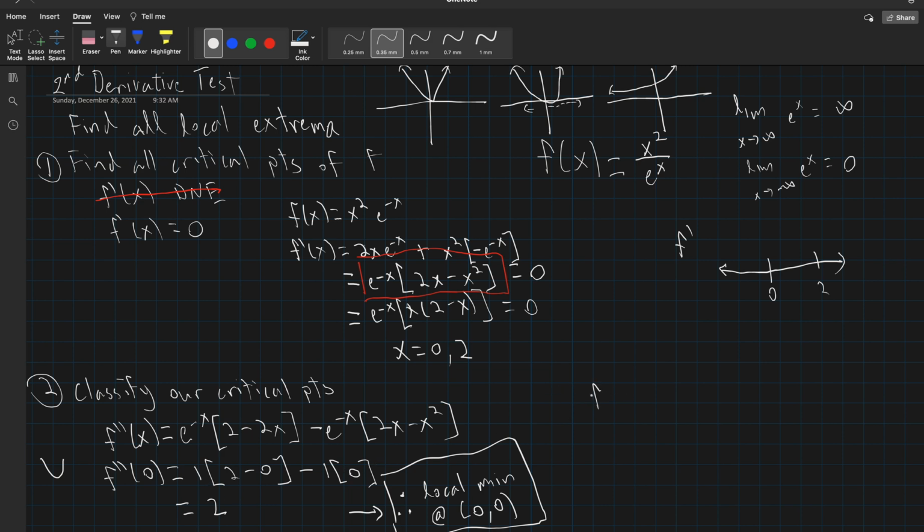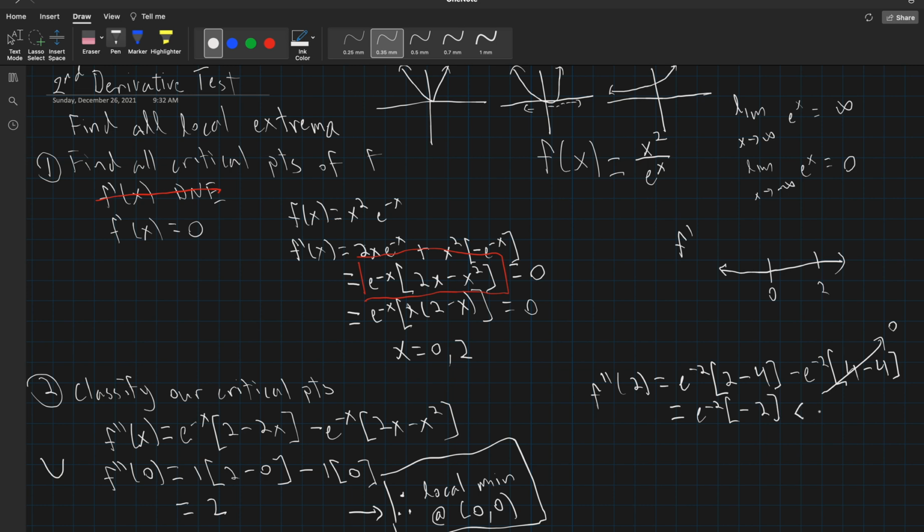So now we're going to figure out what is f double prime of 2. So e to the minus 2 times 2 minus 4, minus e to the minus 2 times 4 minus 4. So then this is going to be 0. So f double prime of 2 is equal to 1 over e squared times minus 2.